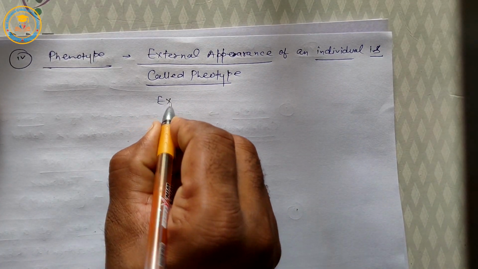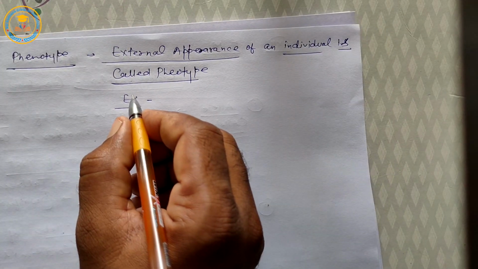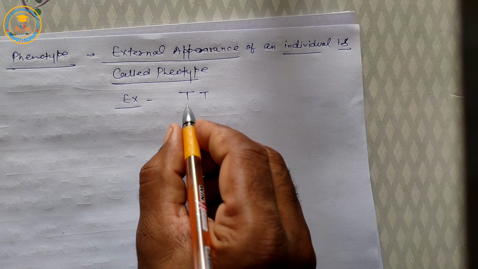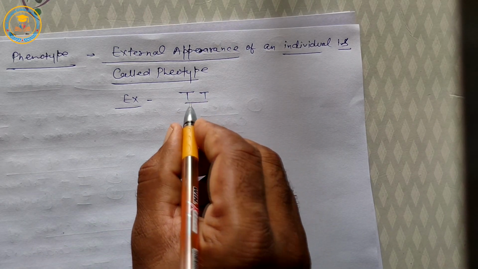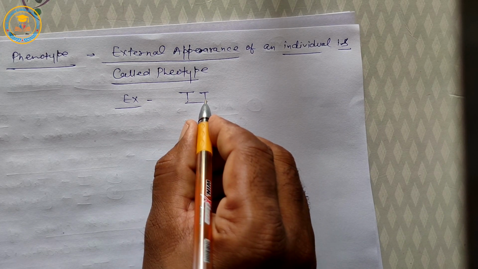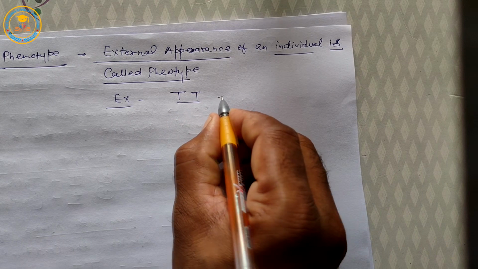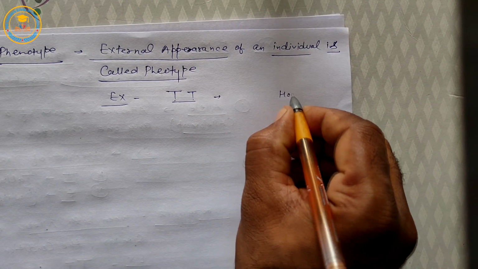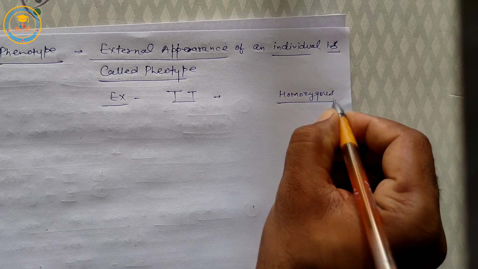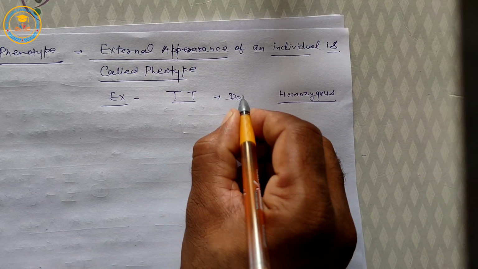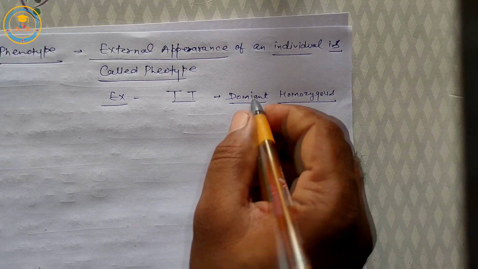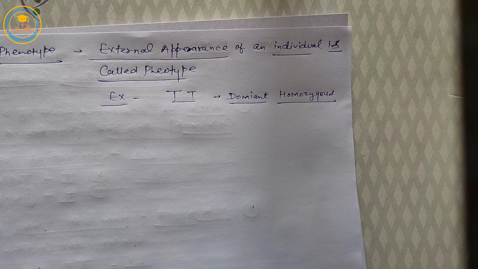For example, this is dominant, this is dominant, both genes are similar, so it is called homozygous, and both are dominant, so it is called dominant homozygous.